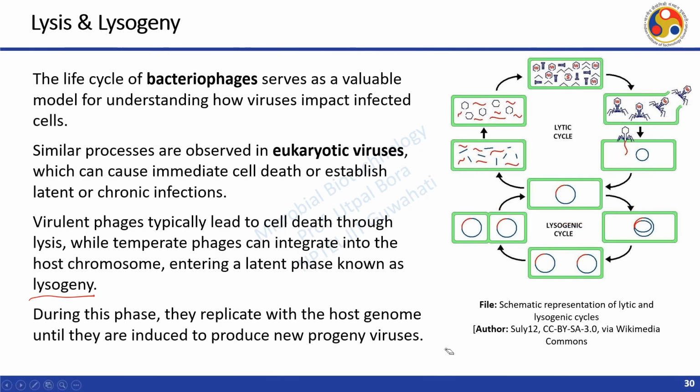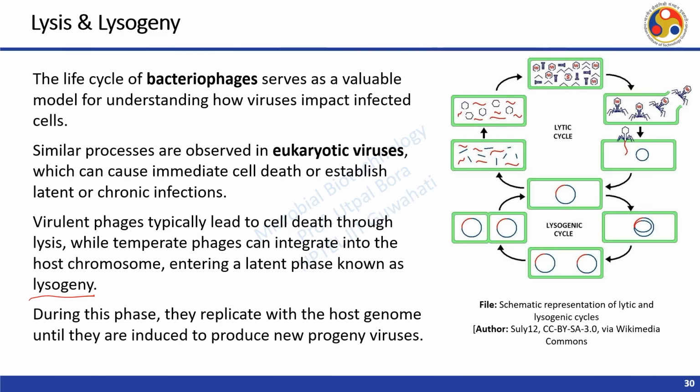Here we can see that after the attachment and internalization of the virus into the host cell, multiplication of proteins and DNA is happening, and they are getting self-assembled into virion particles, and the cell is broken open here to release the mature virus particles. So, this is known as lysis, which kills the host cell.